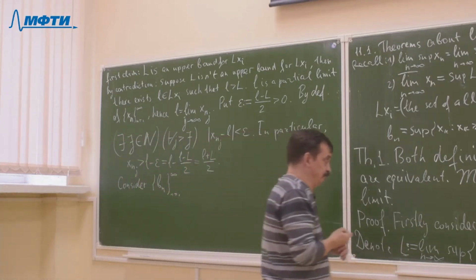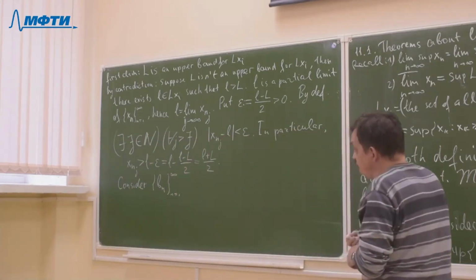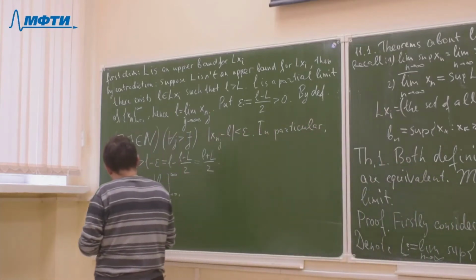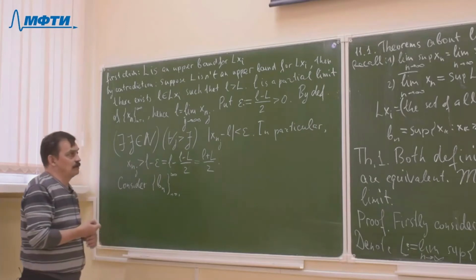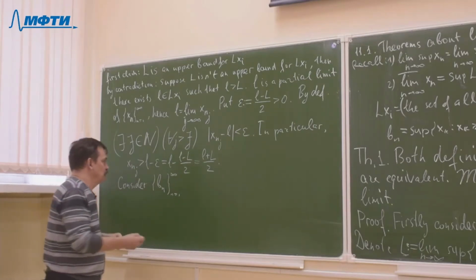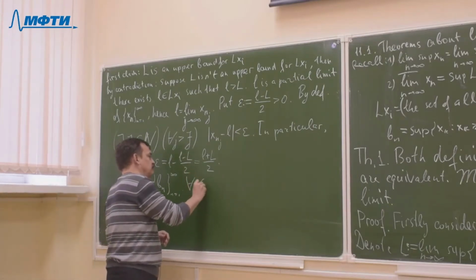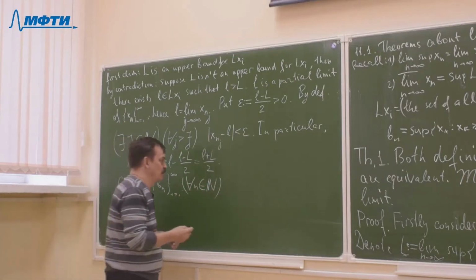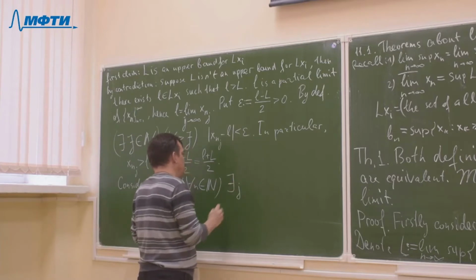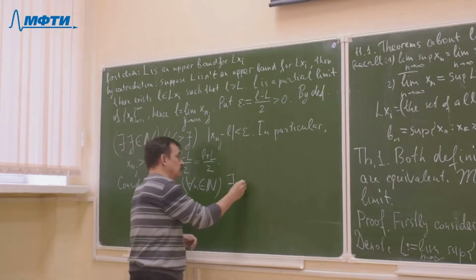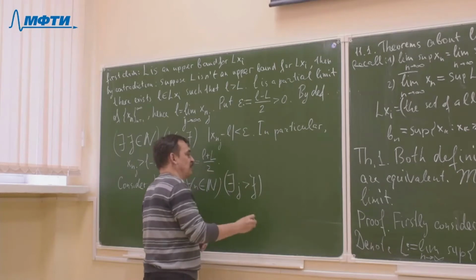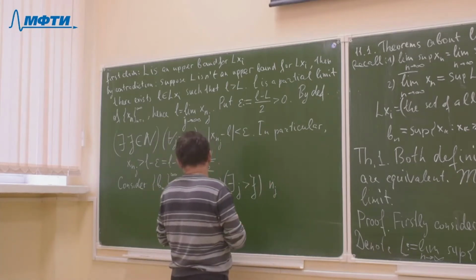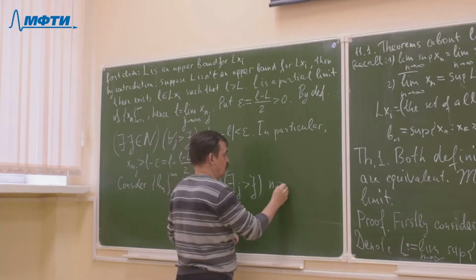So, what do we deduce then? Look, for arbitrary natural n, there exists j greater than capital J such that n_j is greater or equal than n.